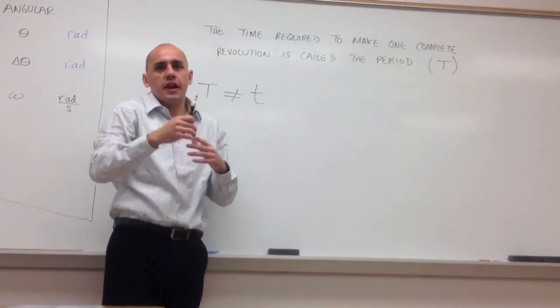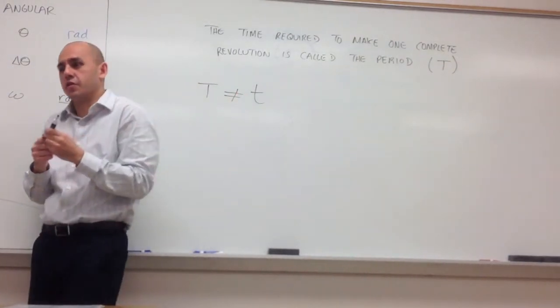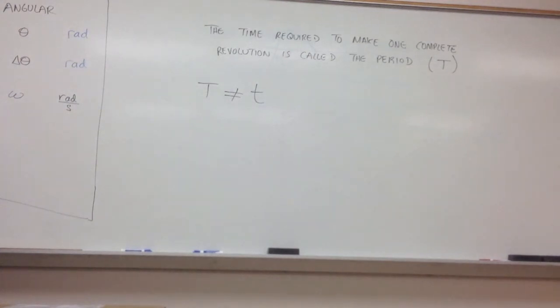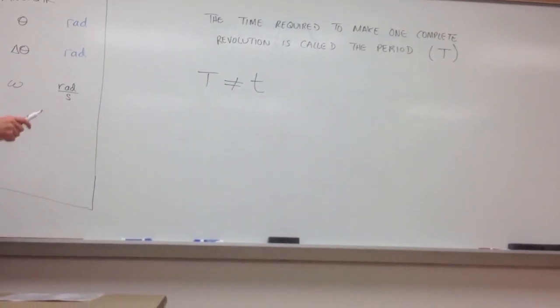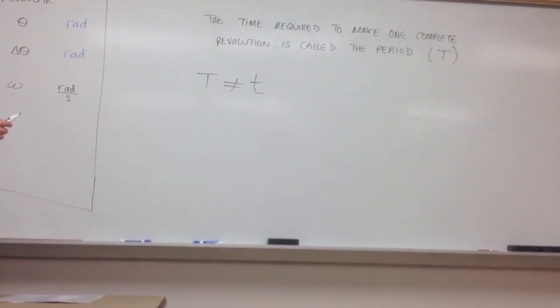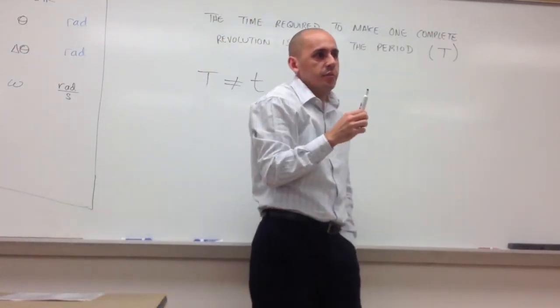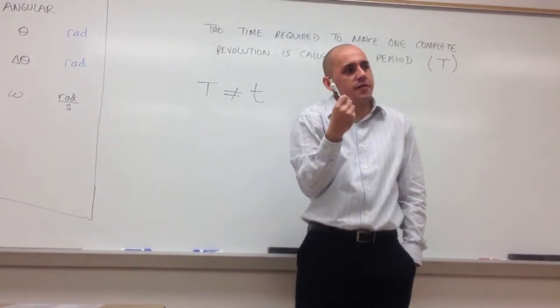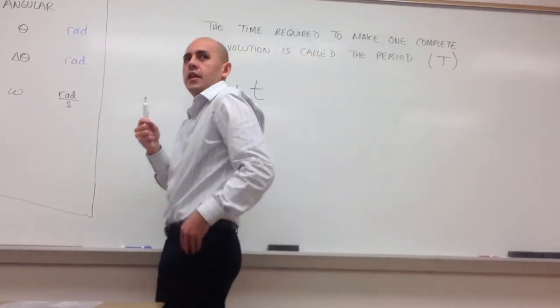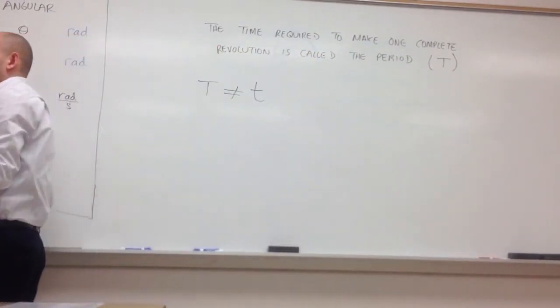So you'll have to use your ideas. You know how long it takes things to move around in one complete revolution, and then you're going to be using an arc length to figure out how far they go around. But some people just sit there for a while and don't really think about how long it takes the hour hand to go around in one revolution.